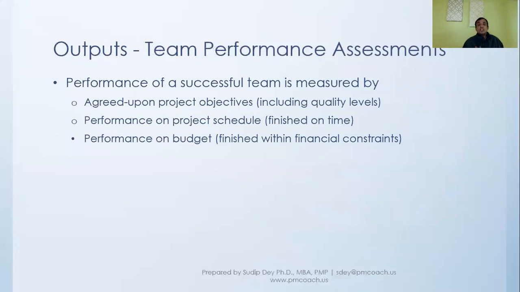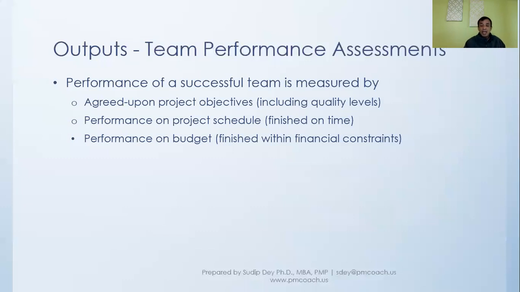The performance of a successful team is measured by how we have done on the quality or agreed upon project objective, how we have finished on time, which is performance on schedule, and performance on budget. Have we finished within the financial constraint? This is how the performance of our project will be measured.